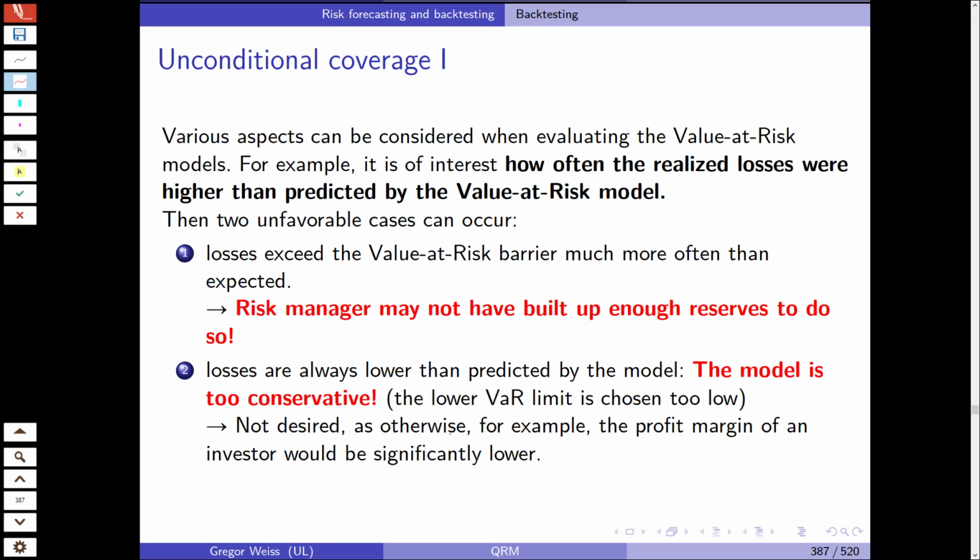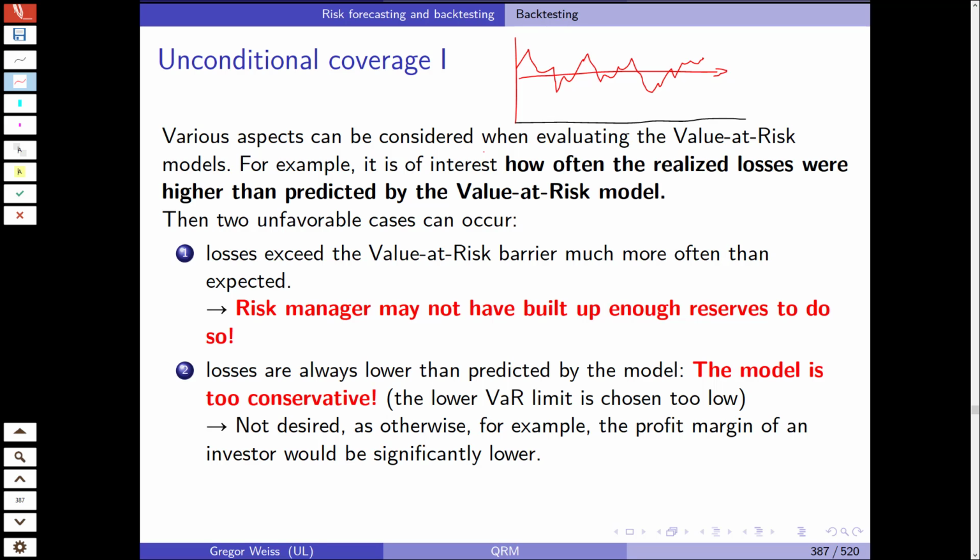Second example is, well, let's assume your position looks like this. Those are your actual returns. The easiest way to come up with a VaR model that doesn't show any exceedances is to do this. You're way too conservative, and this means that you keep too much regulatory capital, as a bank or insurance company, locked up on your balance sheet for this position that is not necessary.